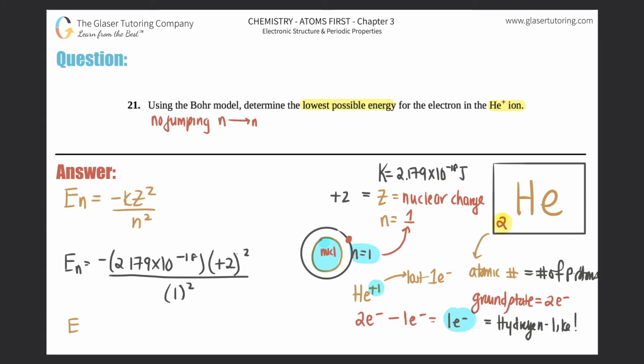Anything divided by 1 squared is 1. So I could just multiply the tops. Negative 2.179 times 10 to the negative 18th times 2 squared, which is 4. So I could just times it by 4. And I get negative 8.72, if I did 3 sig figs, times 10 to the negative 18th. And that's joules. Box that answer off.